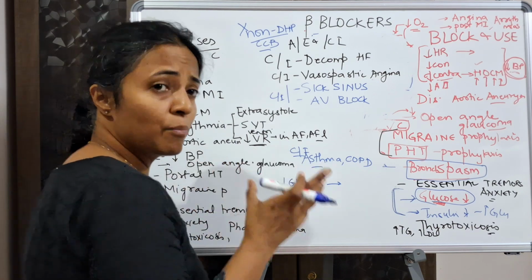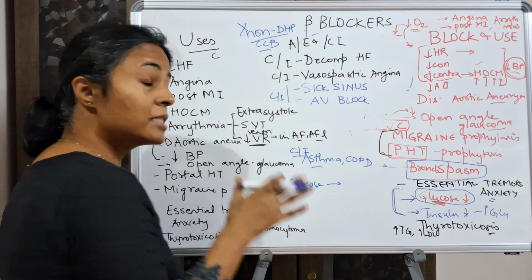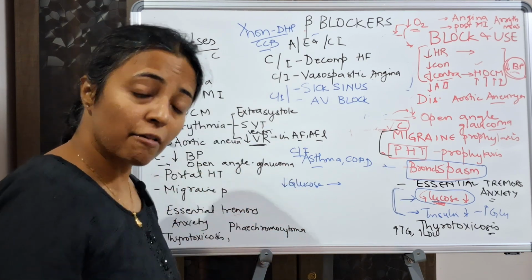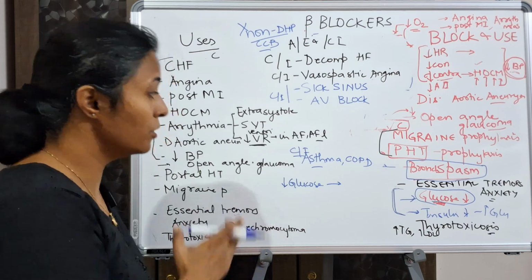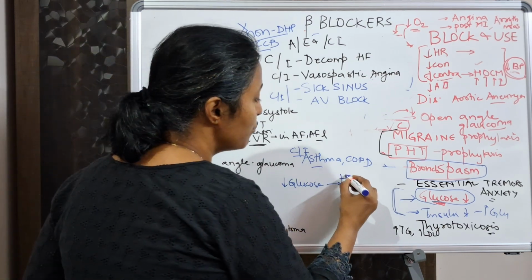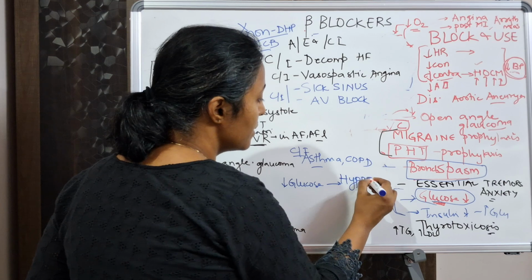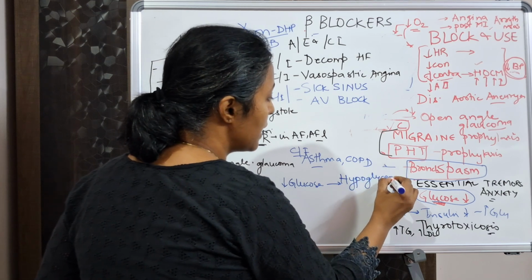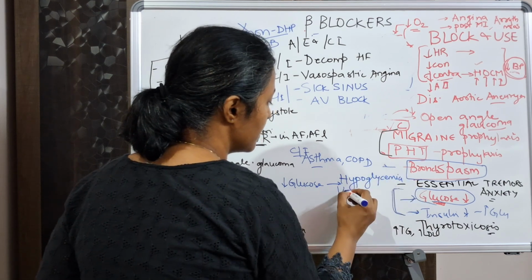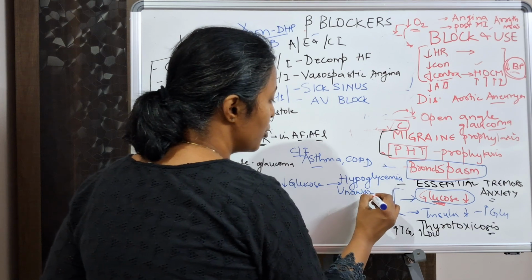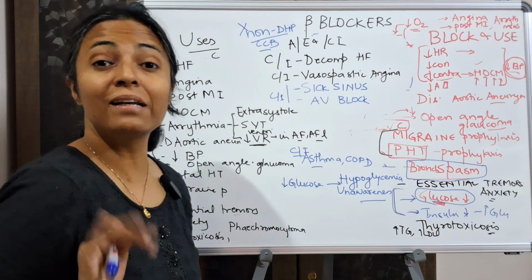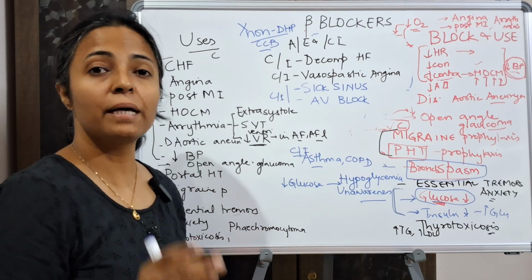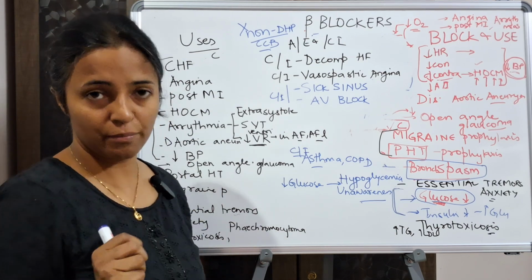Now in beta blockers, if we give, there is decrease in the sympathetic activity effects. We are blocking that effect. Sympathetic activity effects are blocked. So what we get is hypoglycemia unawareness. Okay, very important. Hypoglycemia unawareness, except sweating, because sweating is mediated by sympathetic cholinergic fibers.